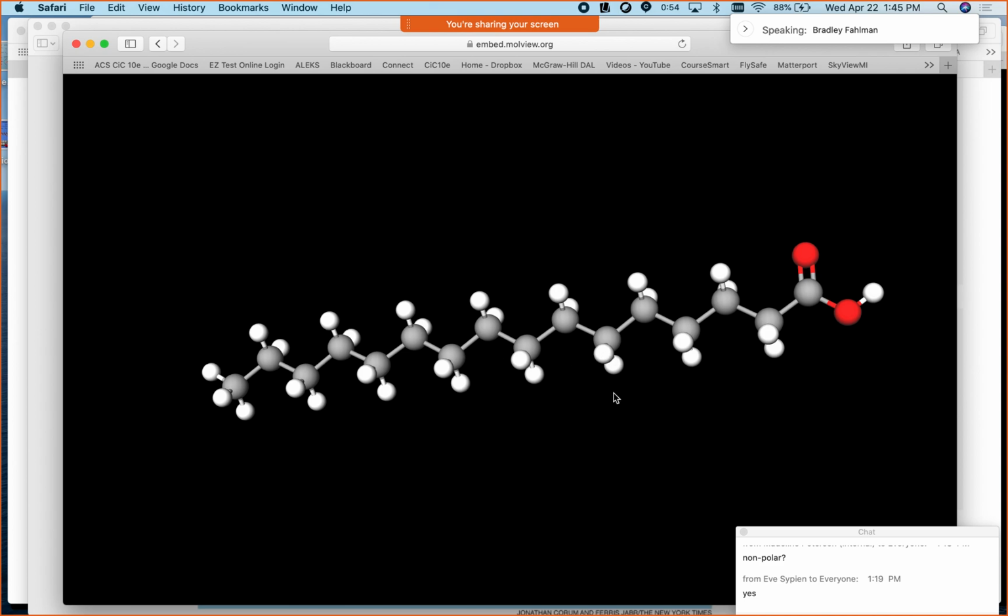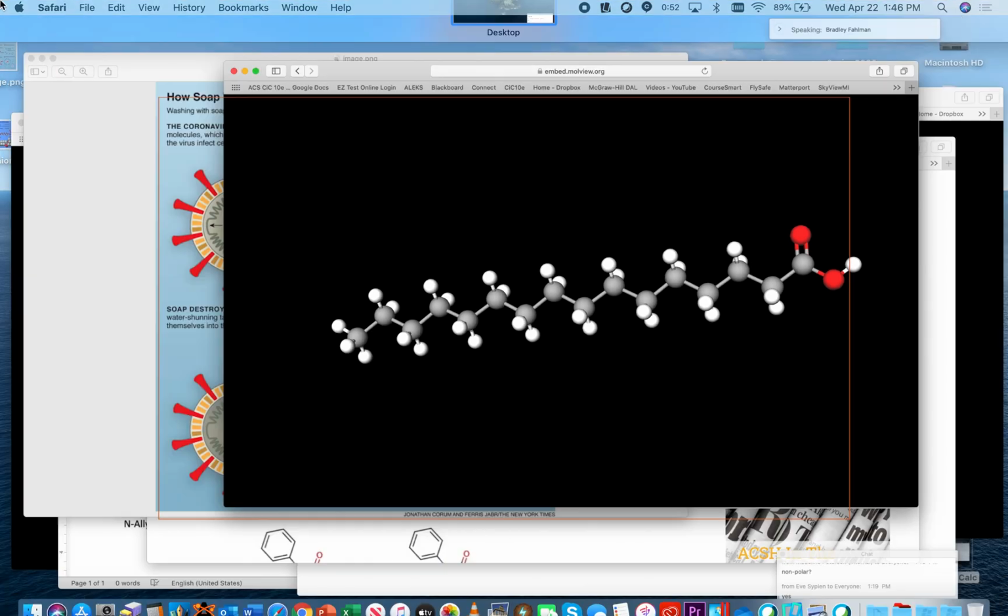When you're thinking about detergents, like when you're washing clothes or dishes, this part will wrap around the oil in your clothing or on your plate, and then this part will mix with water and pull your oil from your clothing into the water.